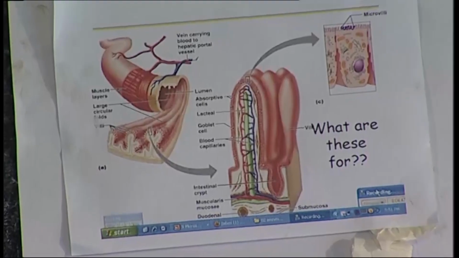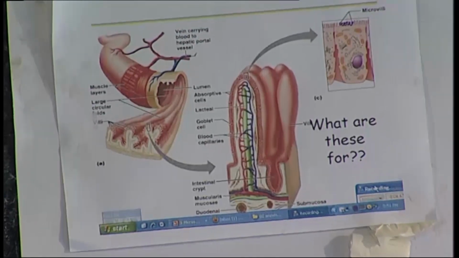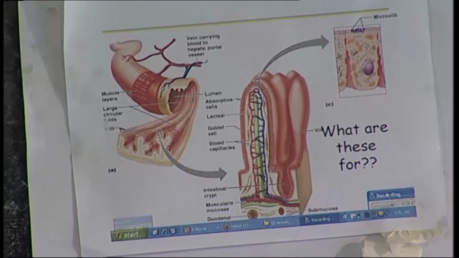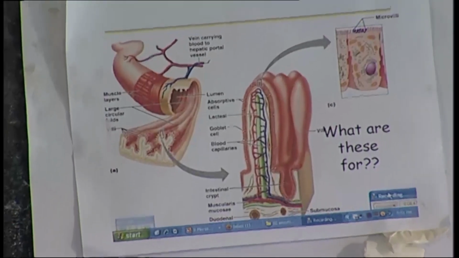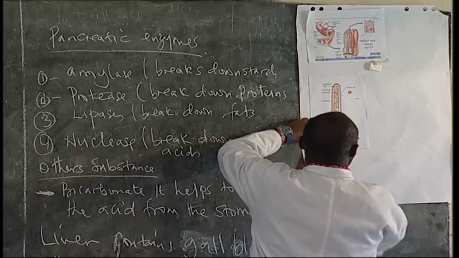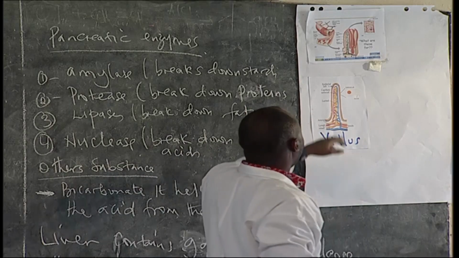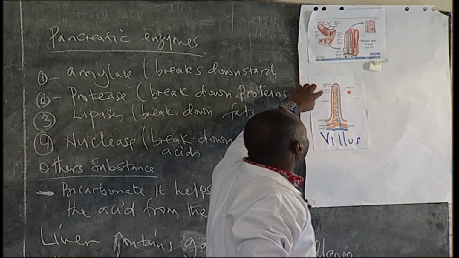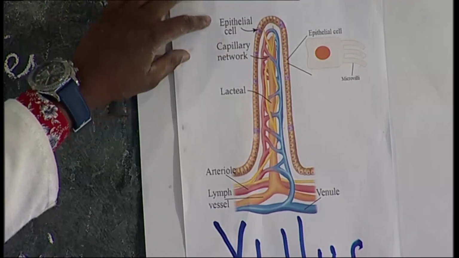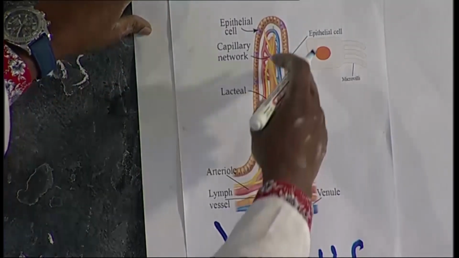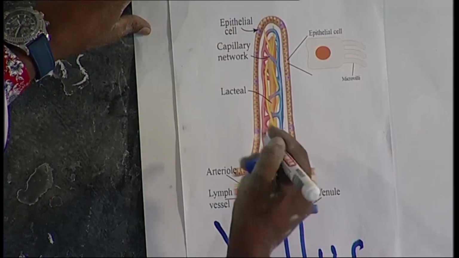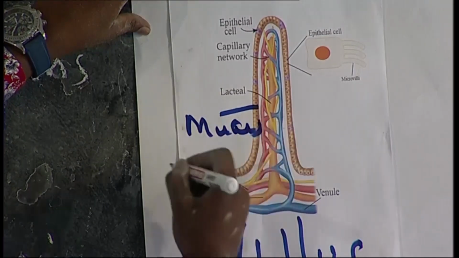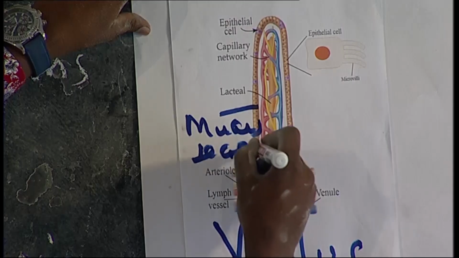We have another diagram which shows a detailed structure of a villus. This one is a villus. The villus is made up of very many parts. We have epithelial cells, blood capillary networks, and mucus secreting cells.